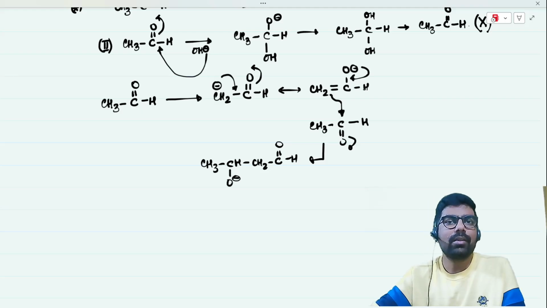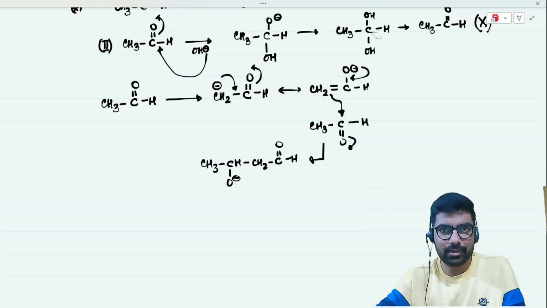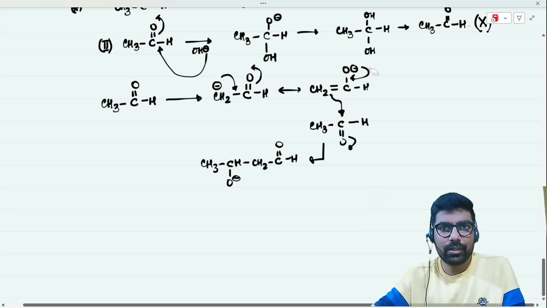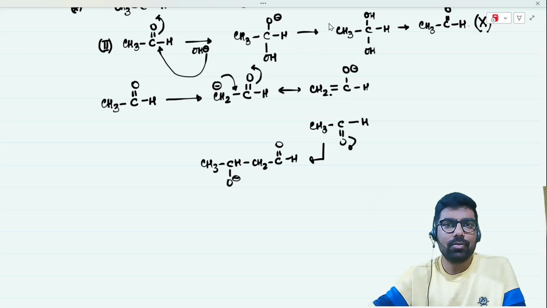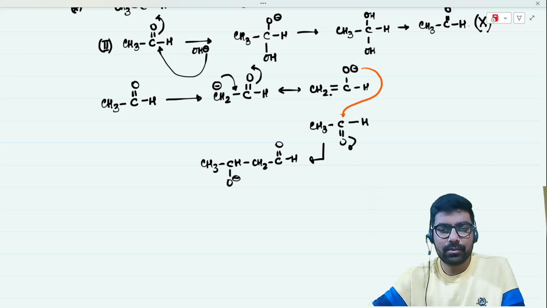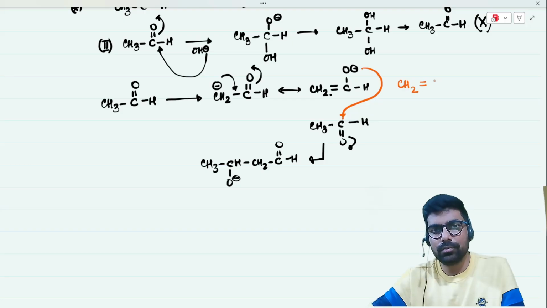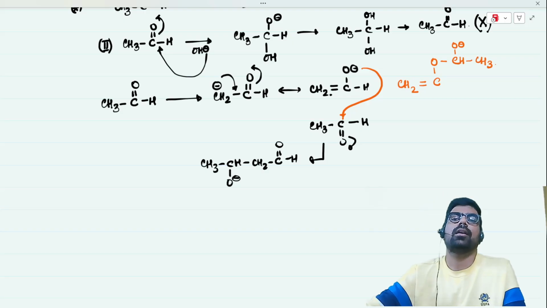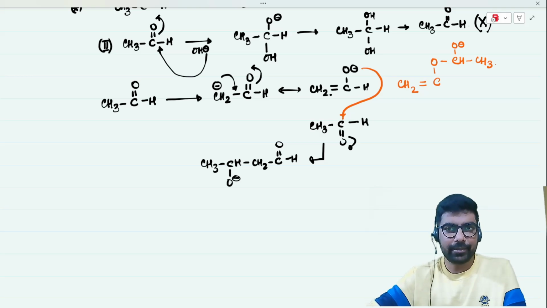Now, one might think that instead of following this kind of mechanism, what we can do is the O minus can directly attack this, and we could have a product something like this: CH2 CO, CO minus CH. This could be another possibility, right?